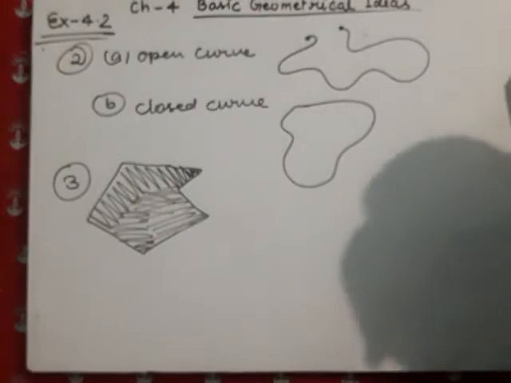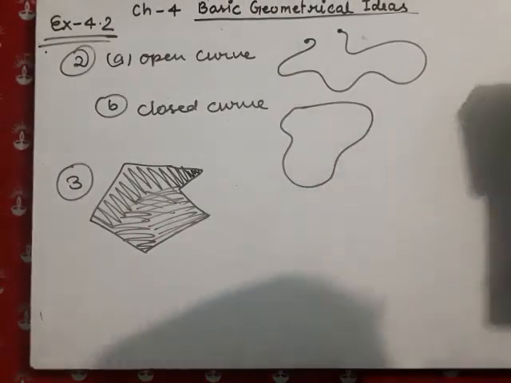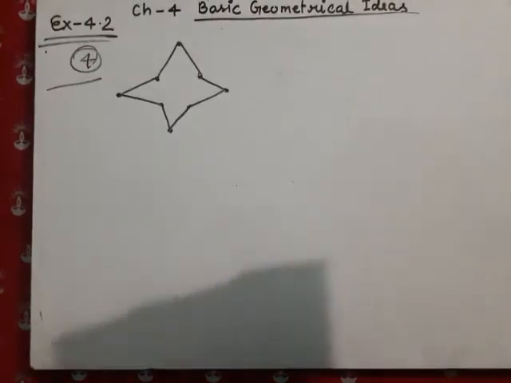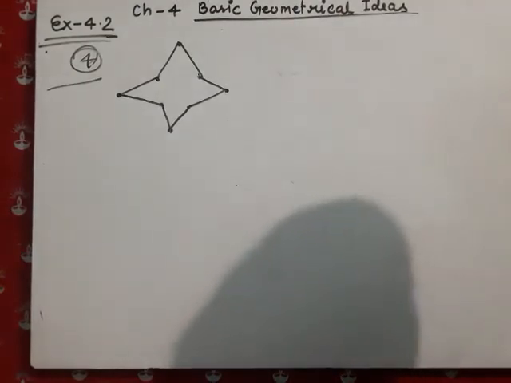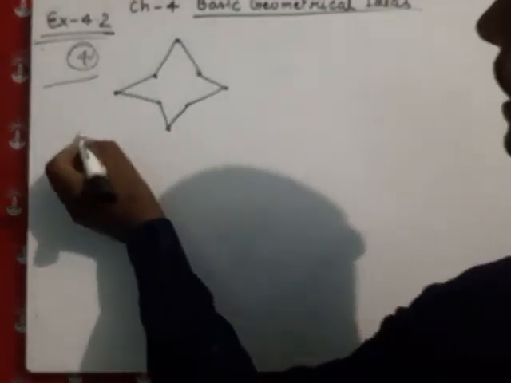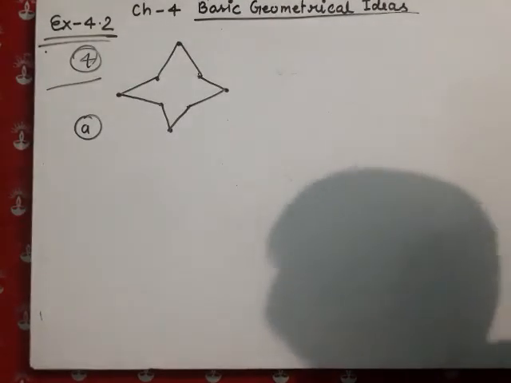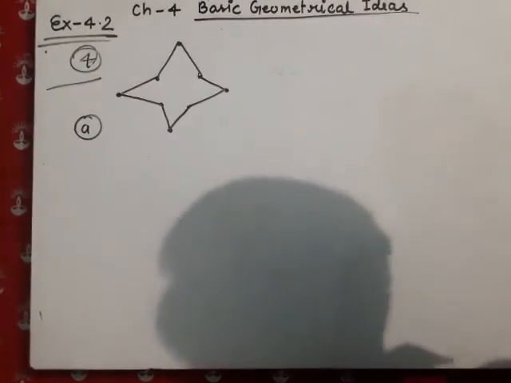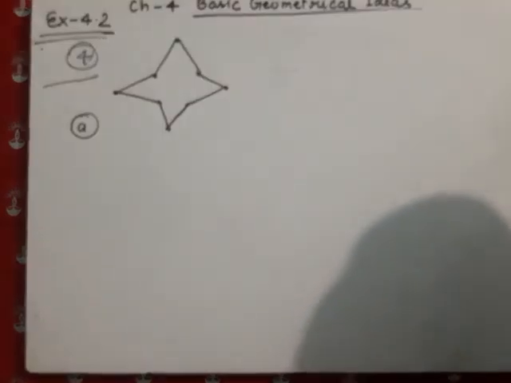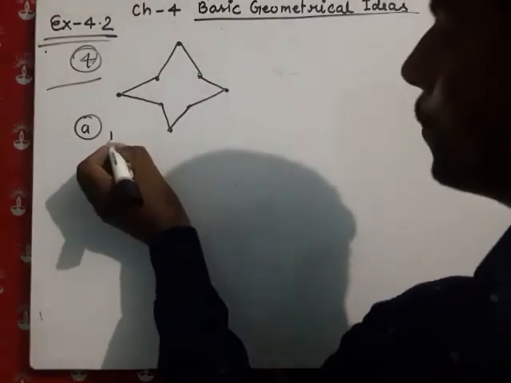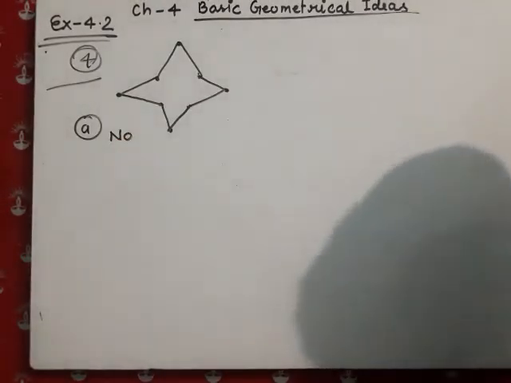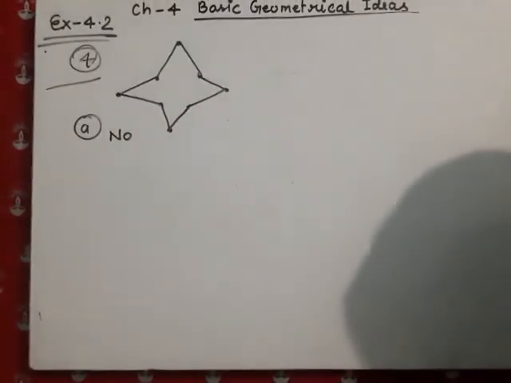Okay. Now going to question number 4. Here the figure of question number 4 is given, and the question is asking in the first part, is it a curve? It is not a curve, it is a polygon. So we will write down no, it is not a curve. Now the question is asking, is it closed?